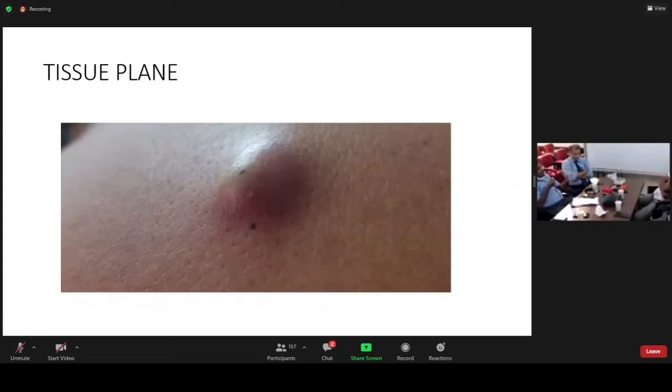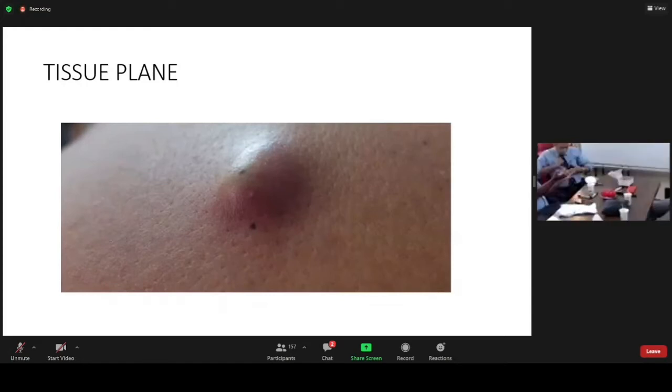Right? So the next important thing is to see the tissue plane as we told you initially. Nalinda, can you tell us how tissue plane will help us to recognize a lump? And how do we do this exam? Looking at the patient, you don't have to do anything, only visual impression.